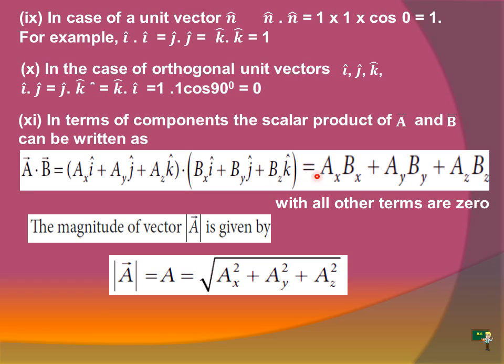All are equal to Ax Bx plus Ay By plus Az Bz, with all other terms 0. The magnitude of vector A, modulus of A vector, is equal to root of Ax square plus Ay square plus Az square. Already we saw this in vector addition using components.